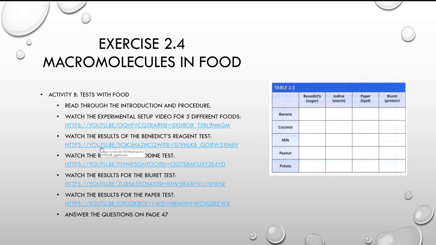And then you can watch what happens when she does the Benedict's reagent test, what happens to the iodine, the biuret, and the paper test results. And you can put a plus sign if it's positive for it, or a negative sign if it was negative. And then answer the questions on page 47.